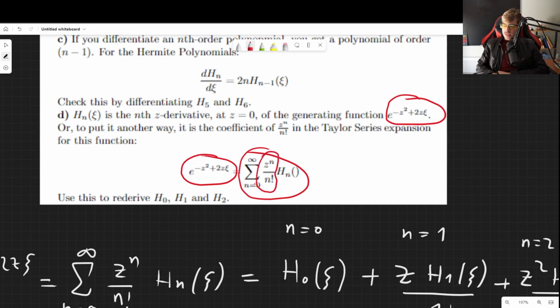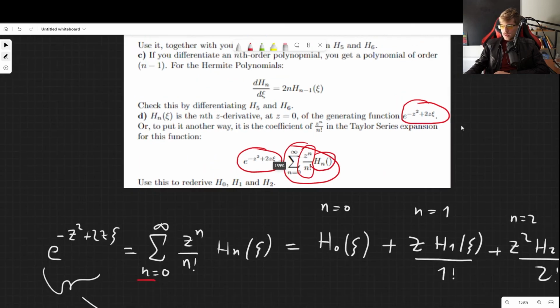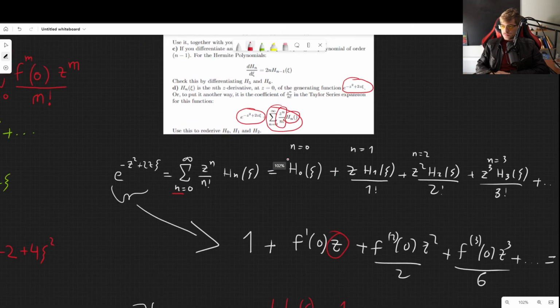So you will always end up with the derivative equal to the Hermite polynomial, okay? Which is what we saw right here. We expanded this, and this is common to both sides: z divided by 1, z divided by 1, z squared divided by 2, z squared divided by 2. It's always the same. The only difference is this derivative versus the Hermite polynomial.